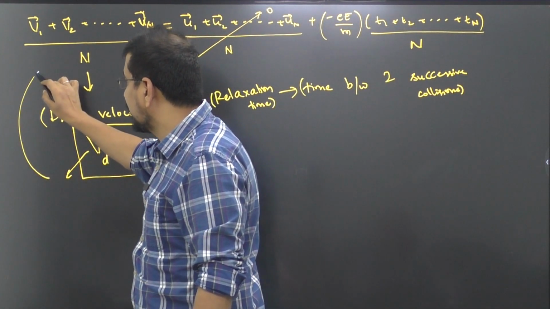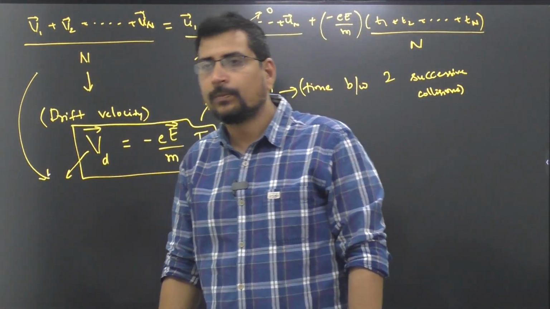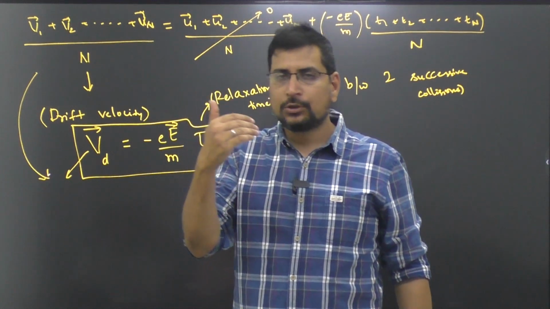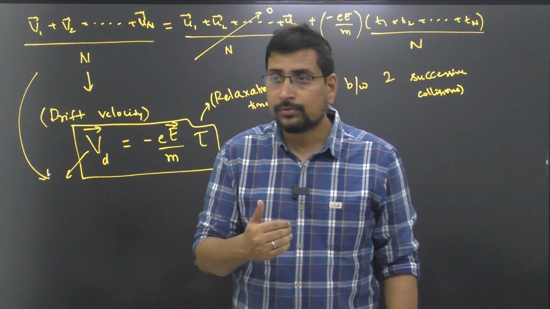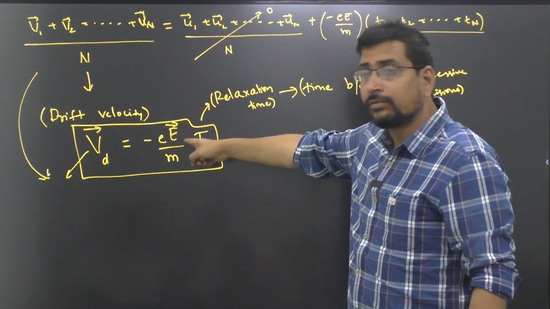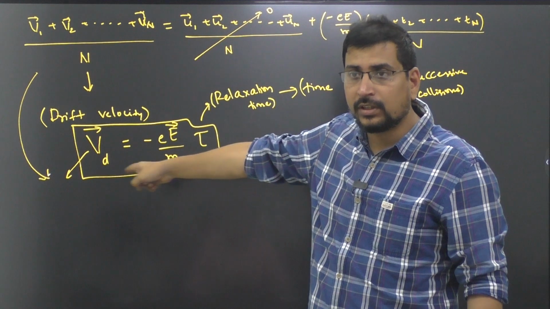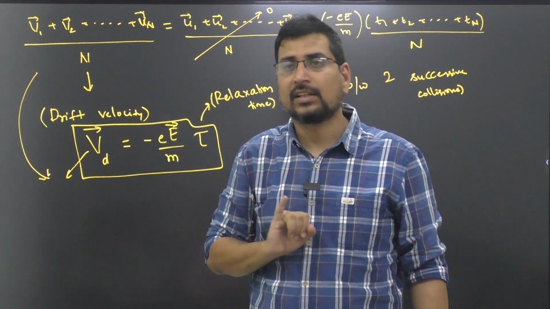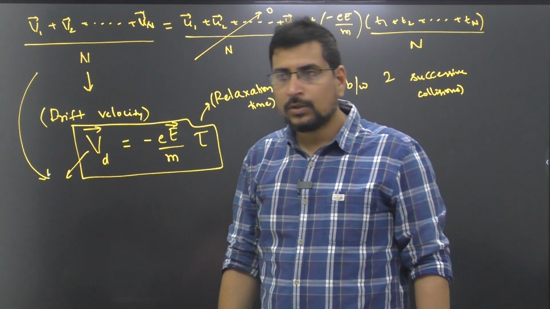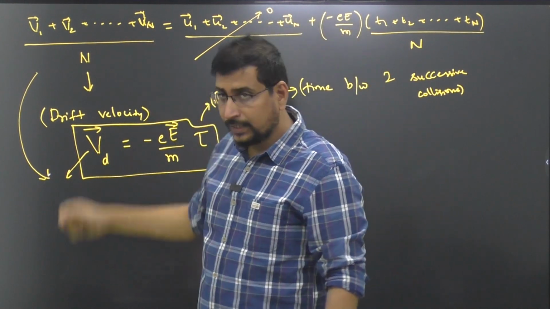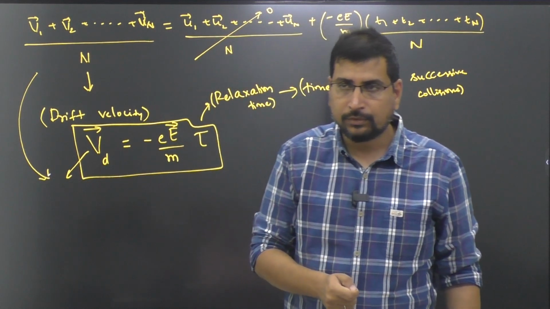Which term was replaced? We replaced the average of all the final velocities. The average of all the final velocities attained by the particles under the influence of electric field was attained only because of the electric field. If that was not there, the particles would not have experienced acceleration, and then there is no concept of final velocity.